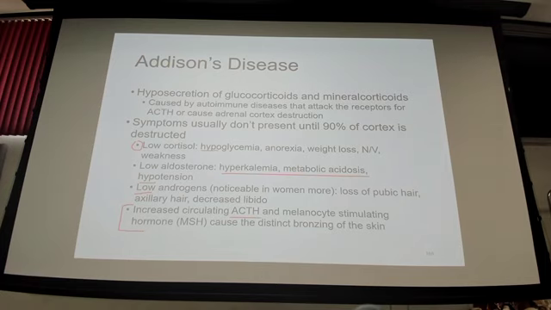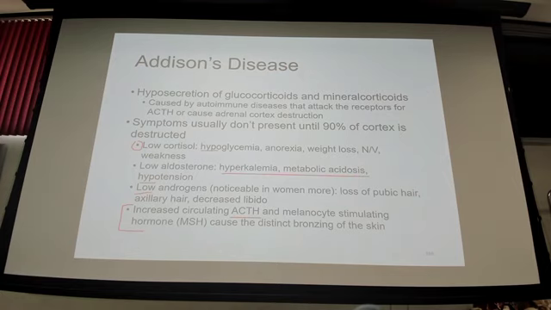So negative feedback loop, turn it on. We need to make more, right? Similar to what we were talking about yesterday with thyroid stimulating hormone. If we're not making enough thyroid hormone, we need to make the thing that turns on the production line. So we have these huge amounts of ACTH, which is one way you diagnose this. And the excess ACTH actually stimulates melanocytes as well. So that's why these patients have a bronzing of the skin and a darkening of the gums.